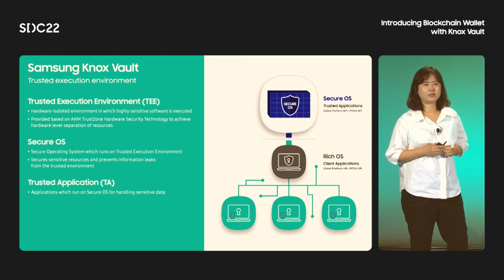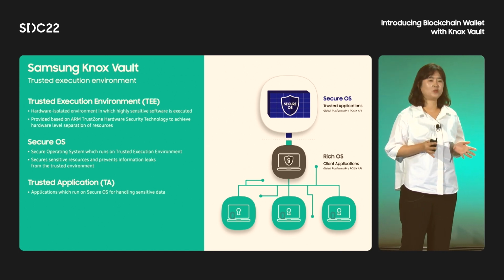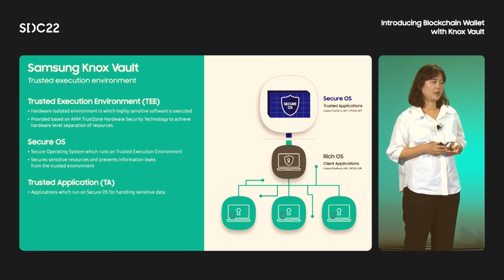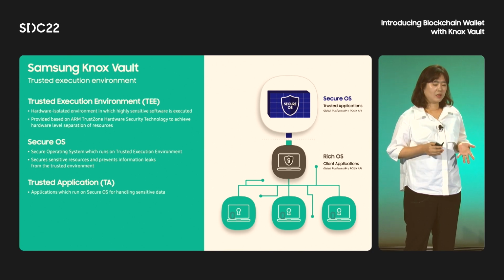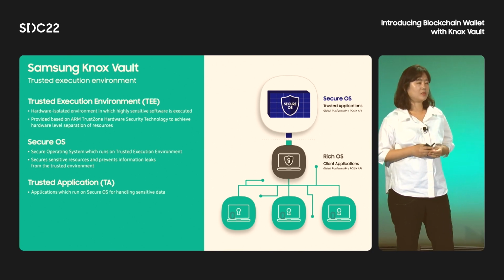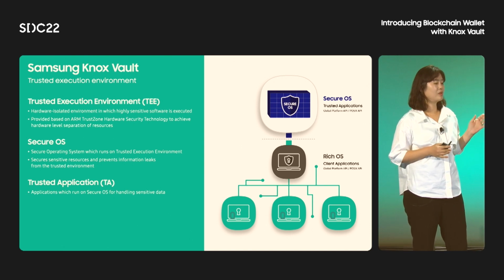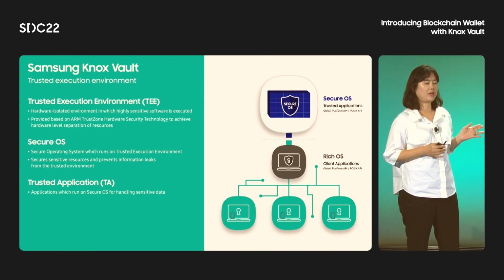Because the secure OS is isolated from rich OS like Linux, the normal applications cannot access the resources in secure OS. As a result, even if the main operating system is compromised, the trusted application running on a secure OS can remain safe.